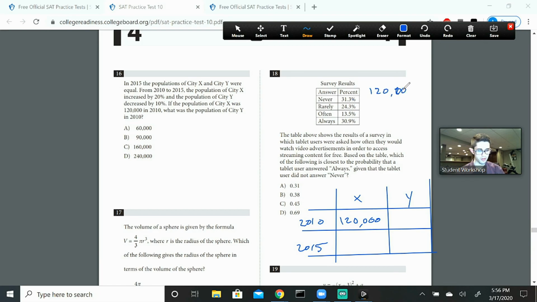Increased by 20%. That's just multiplying by 1.2. 0.2 of 120,000 is 24,000, so that's going to end up being 144,000.